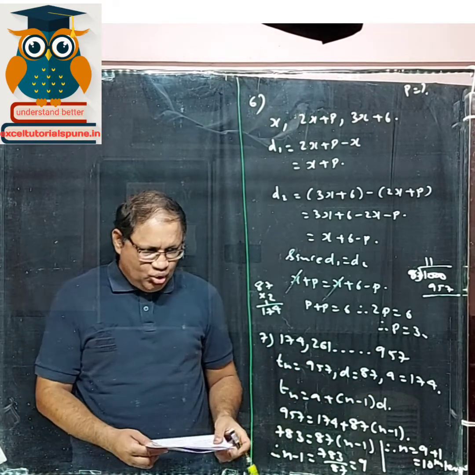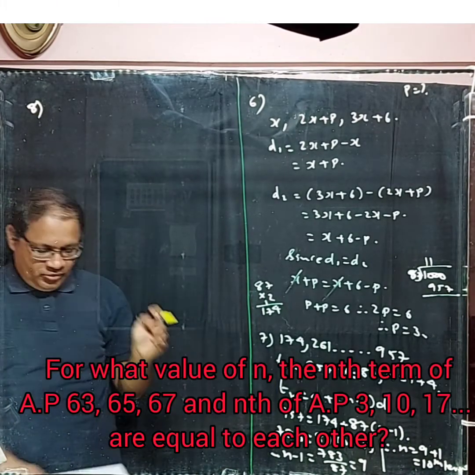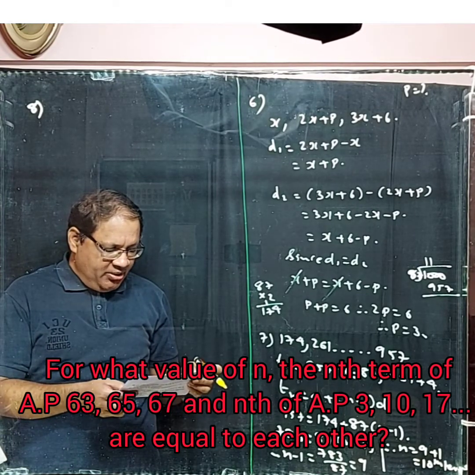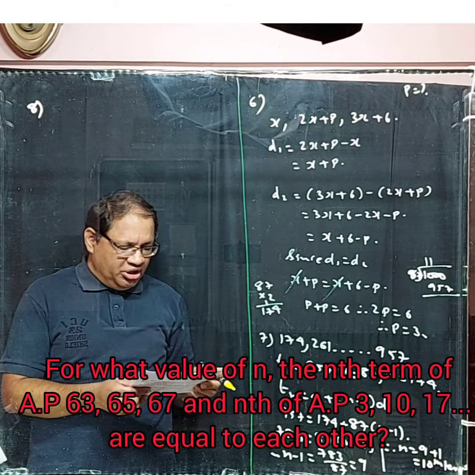Okay, now let's go on to the 8th sum. For what value of n, the nth term of the two APs they have given are equal to each other.